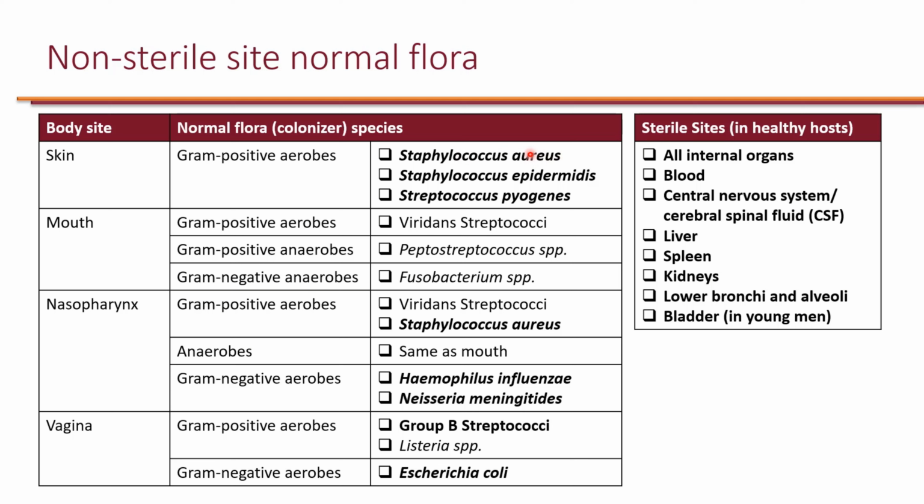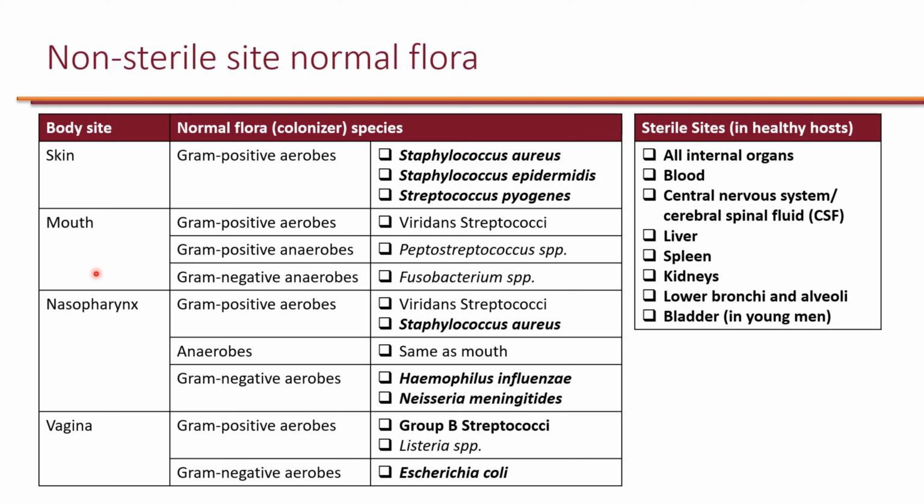So if you find Staph aureus on the skin, it's not necessarily infection in a healthy host. Occasionally, this may cause skin infection. But in the absence of any signs and symptoms of an infection, it's okay to have these organisms on the skin. That's part of the flora.